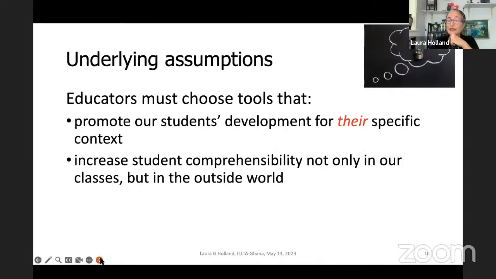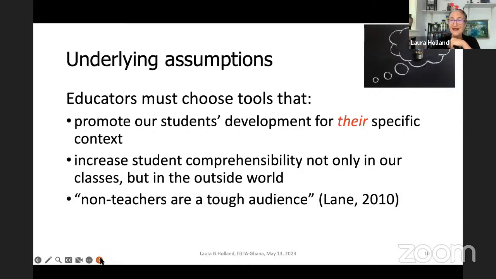We also have to choose tools that increase student comprehensibility, not only in our classes, but in the outside world. Because, as Lane says, non-teachers are a tough audience, right? And our friend Gad Elmaleh had a wonderful example with the cab driver, who heard GFK instead of JFK airport, and acted like he didn't know what the guy was saying at all.